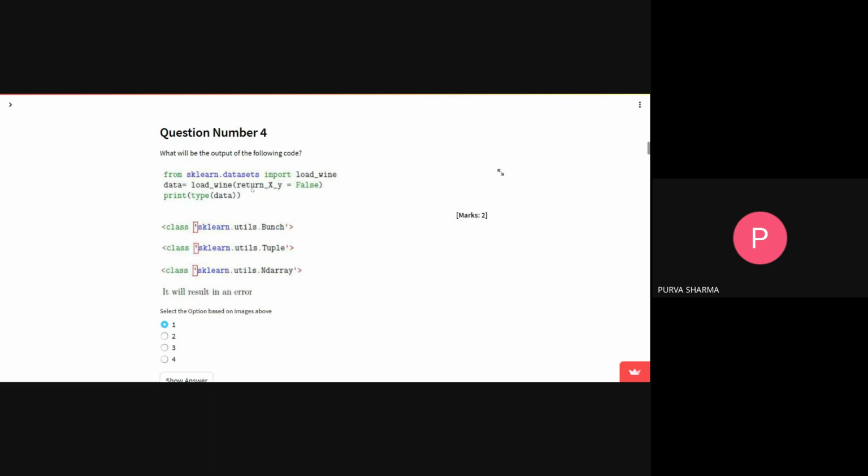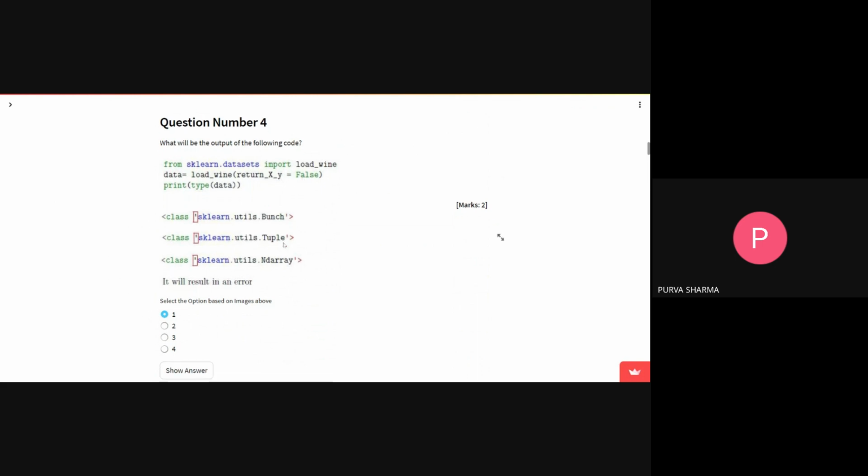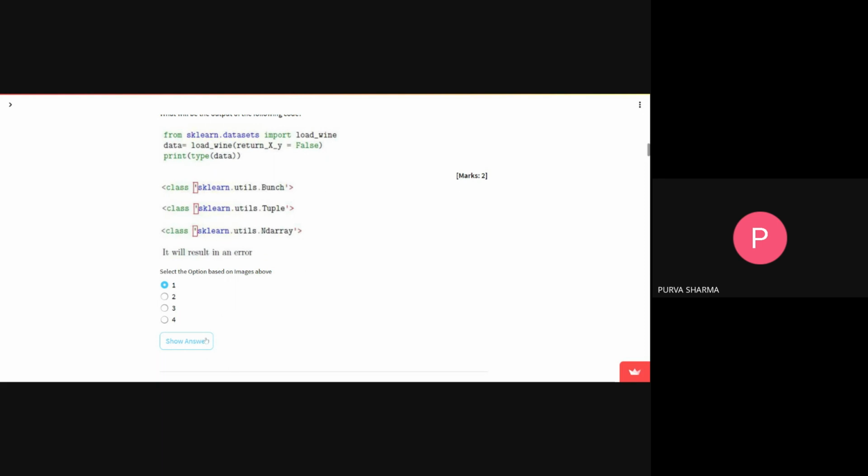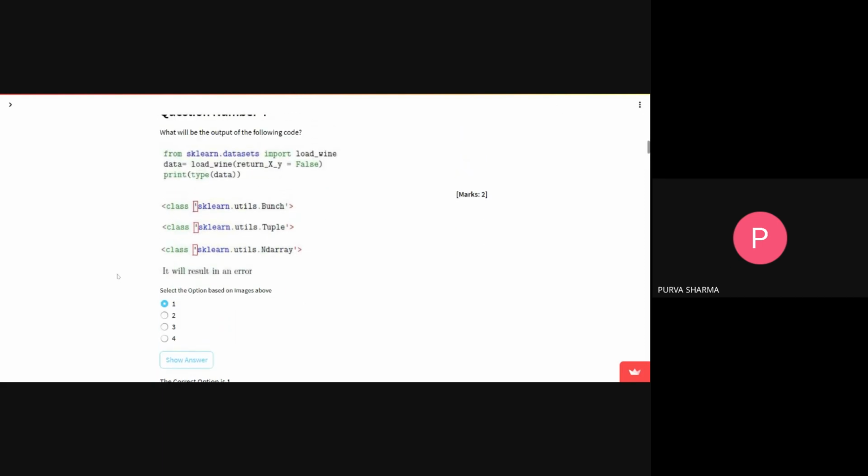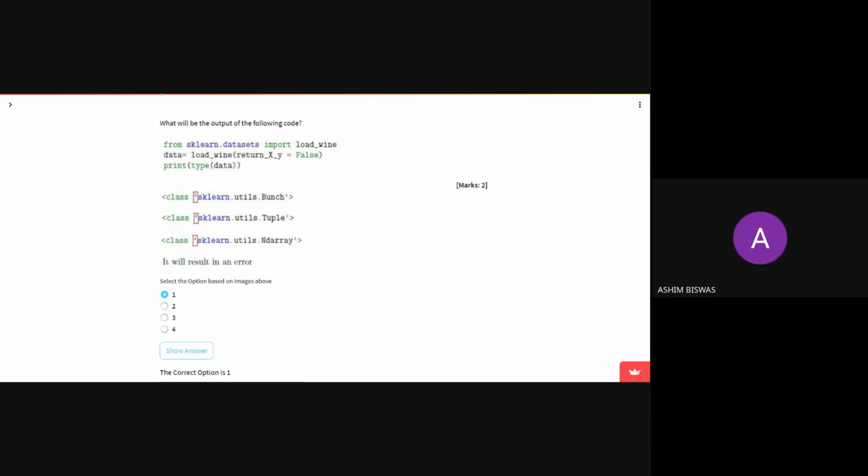Now, load. If return X y was set to true, it will give us a tuple. But if return X y is set to false, it will give us a bunch. That is what I understood.